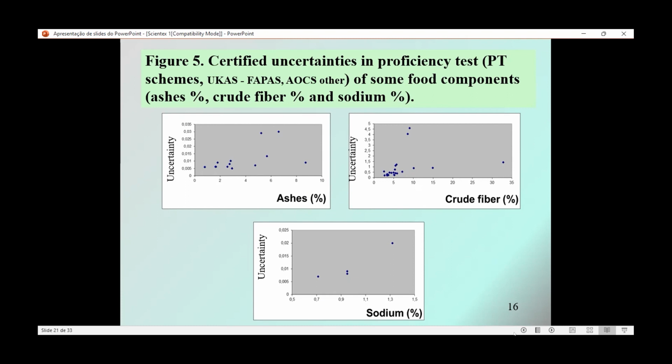It seems that something opens. Is there a fan shape in crude fiber? In sodium, does the sodium percent uncertainty follow an upward curve? So we had seen something strange in the uncertainty in PT schemes.